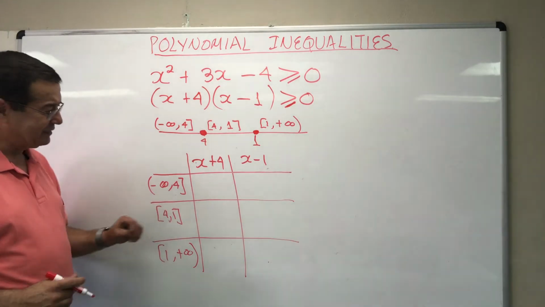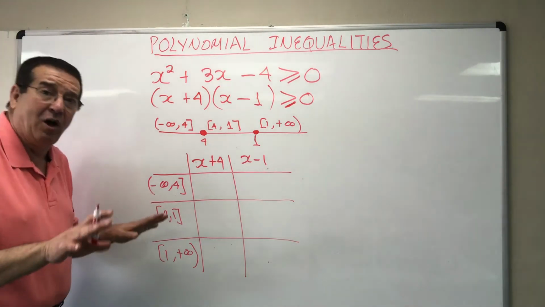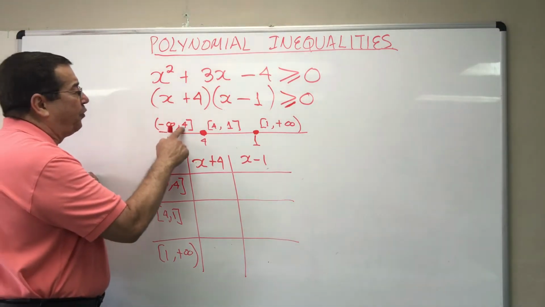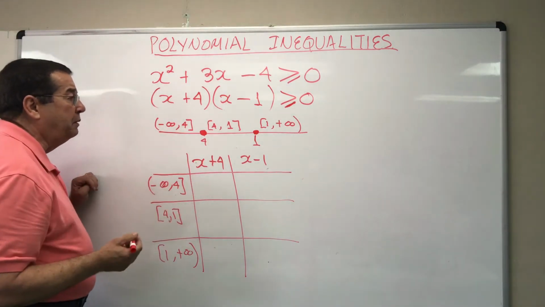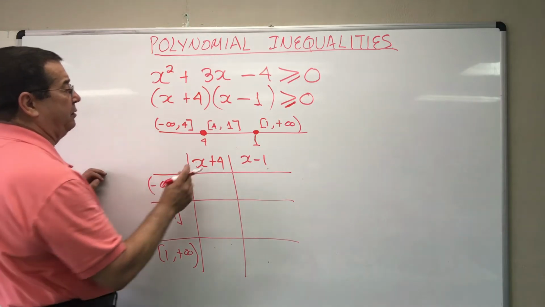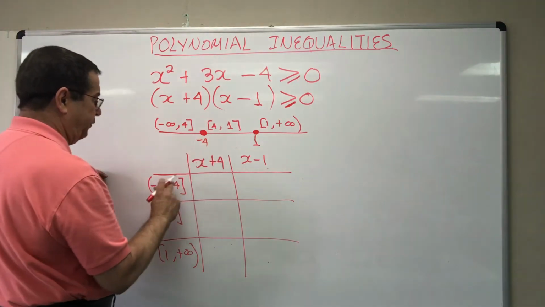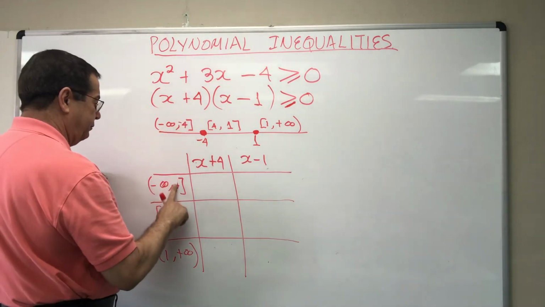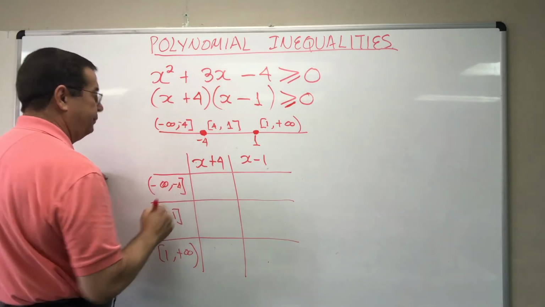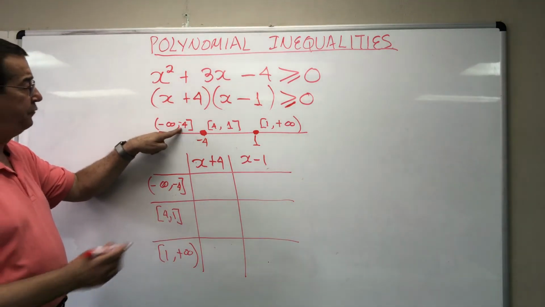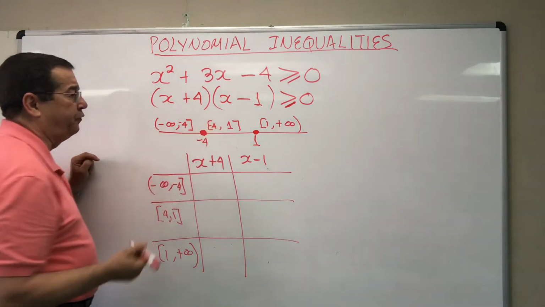When you create this table, you select any number in each interval. I'm sorry, this is a mistake here, it's negative 4. The factor is 0 when x is negative 4, and I have negative 4 to 1.